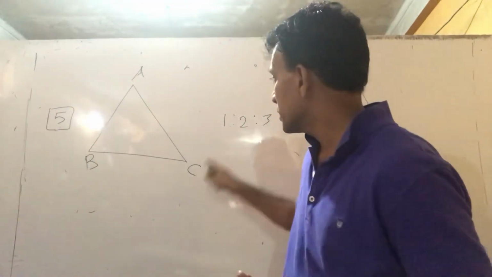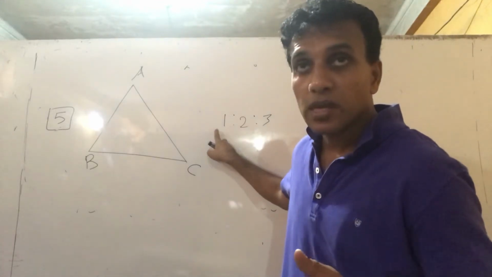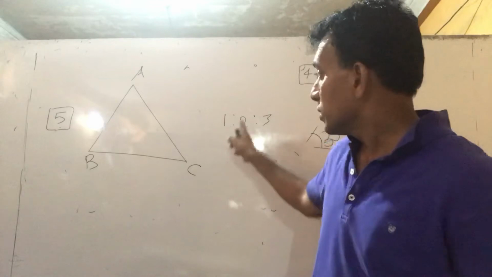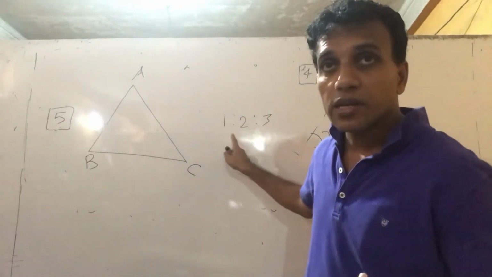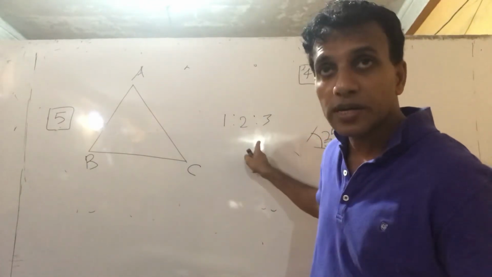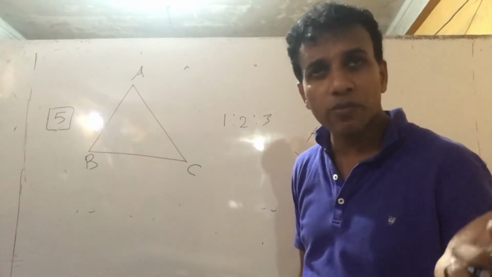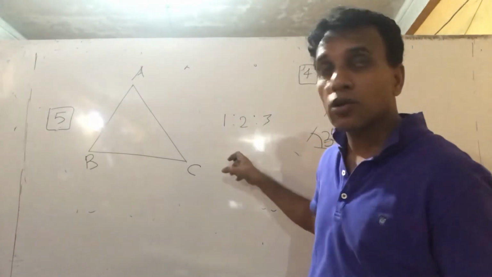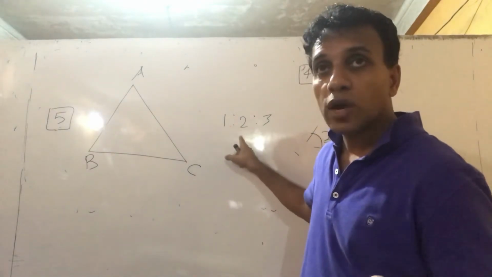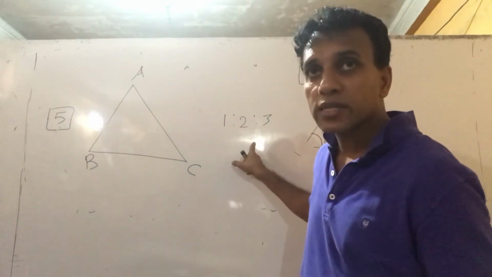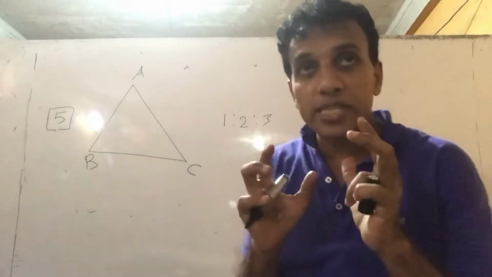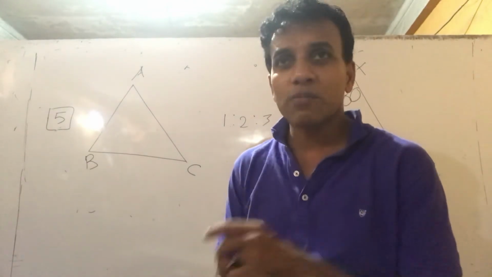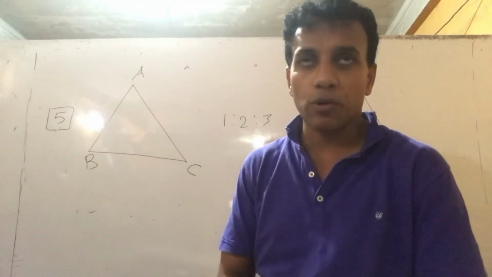For example, this is 10 degrees, here 20 degrees, here 30 degrees. This is for example 100 degrees, here 200 degrees, here 300 degrees. If you learn the ratio problem from grade 6, here 10 kilo, here 20 kilo, here 30 kilo, here 100 meters, 200 meters, 300 meters, the ratio. But here also simplest form they shown 1, 2, 3. But you know angles cannot take more than 180, no, impossible.